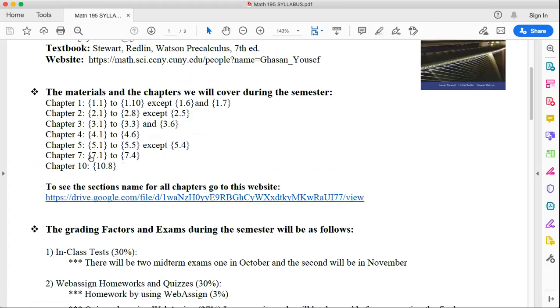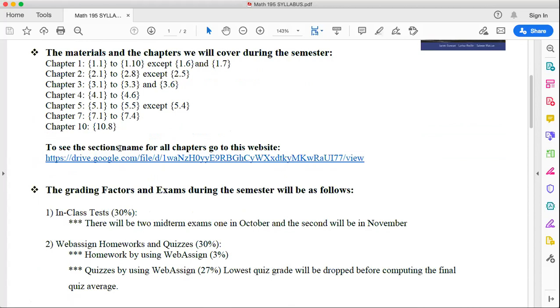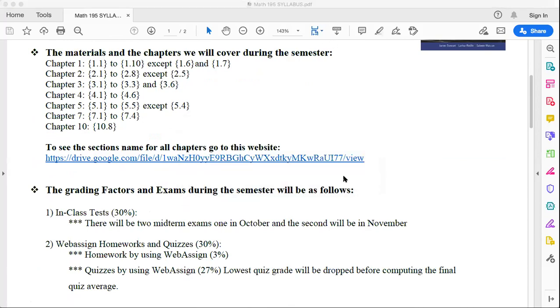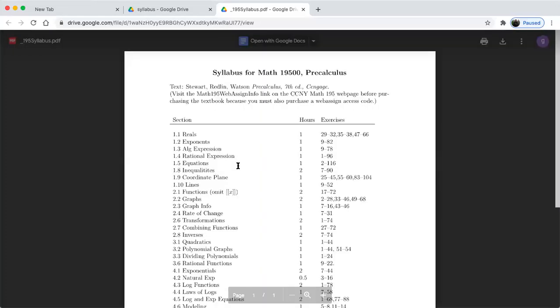Okay. Now, to see the section names for these chapters, you just click this link. I'm going to click it and share the screen with you.